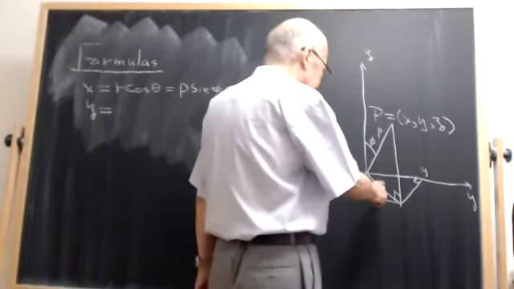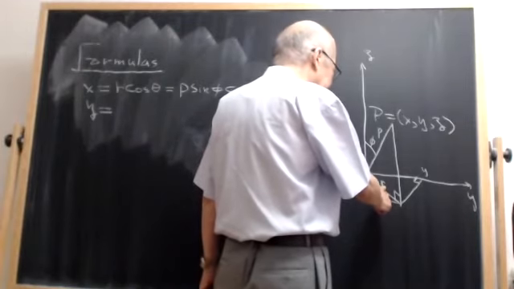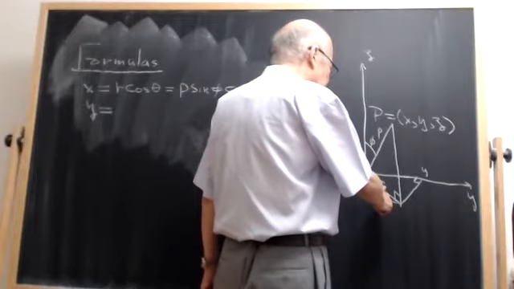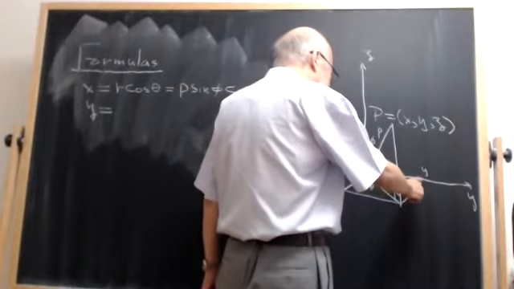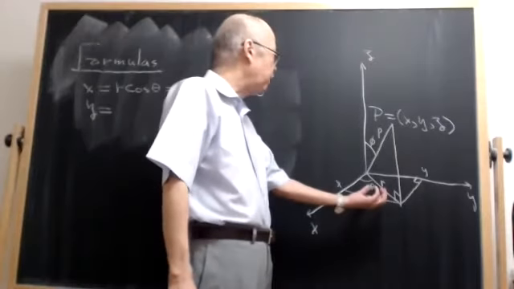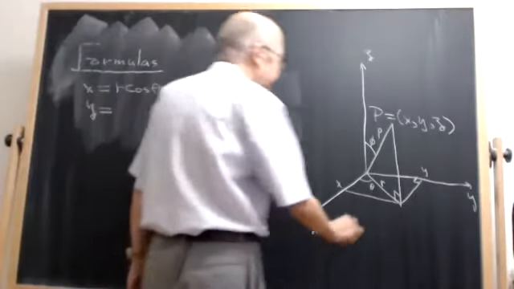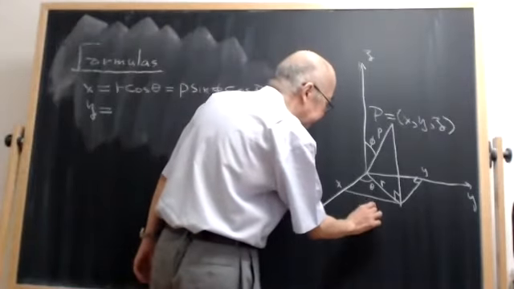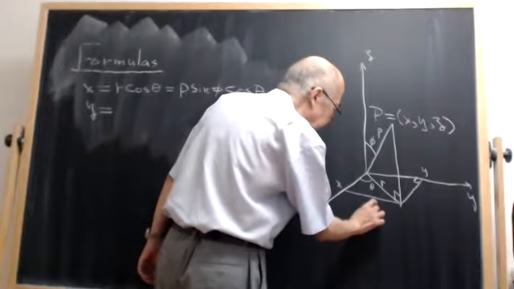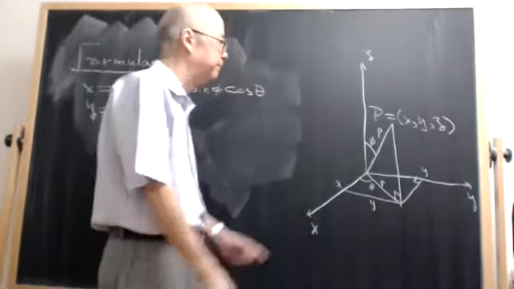Well, this is R. And then, what do you want to find? You want to find this point. But this is basically polar coordinates. So it's going to be the same as this length. This is also y.